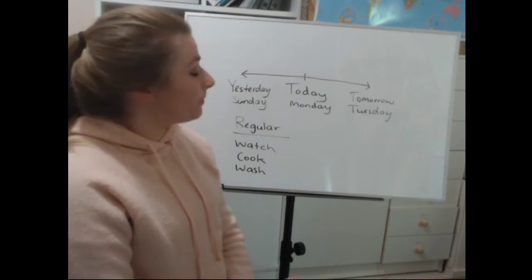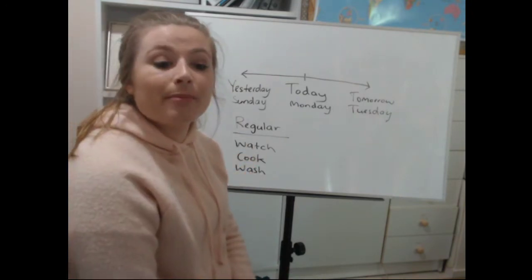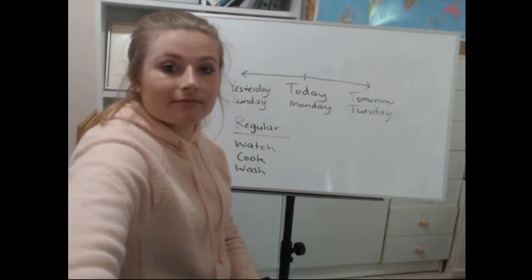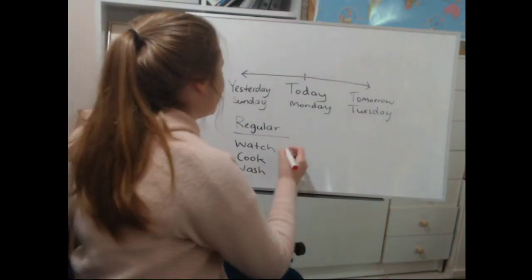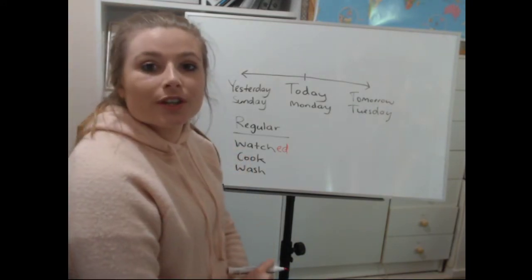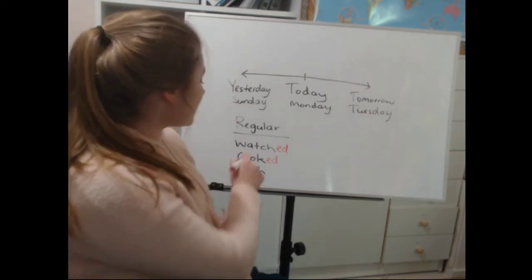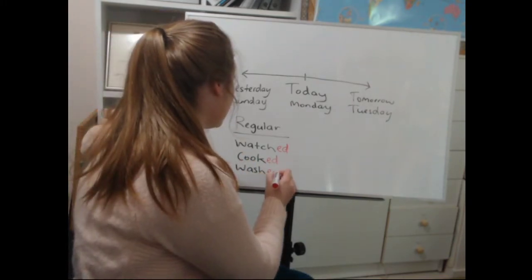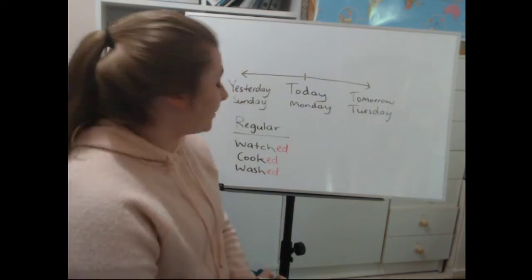Okay, so how do we turn these into the past tense? We add ed. Good. Yesterday I watched a film. Last night I cooked dinner. Yesterday I washed the dog.